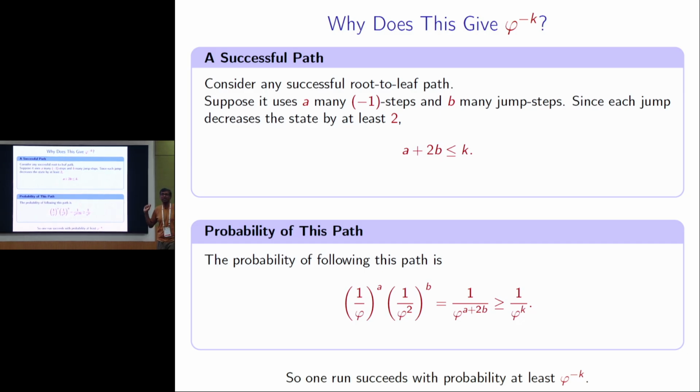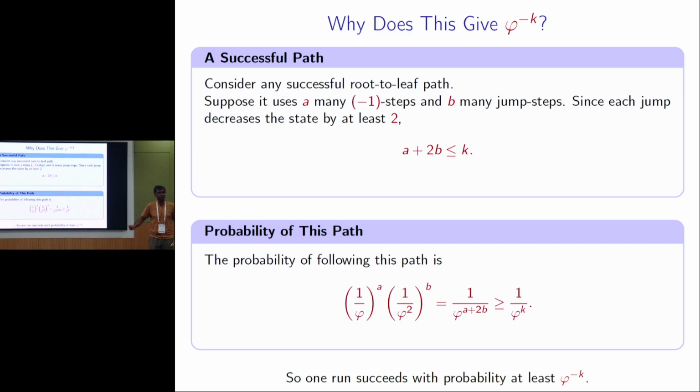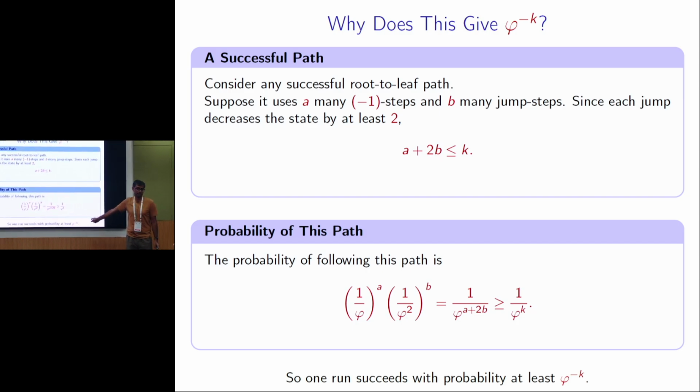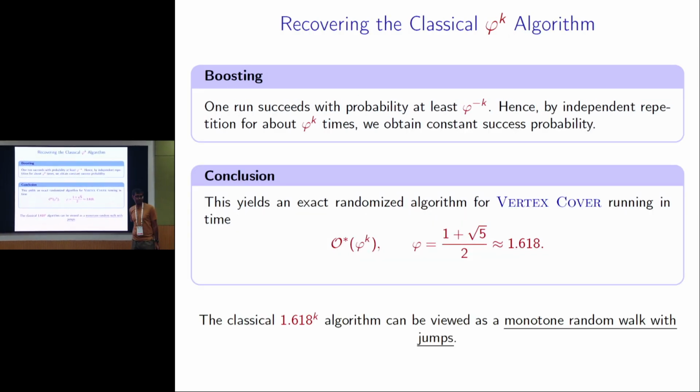If you think of this, you are just sampling a leaf of this search tree, and that is why you get this. So if you had a very complex branching algorithm, you can set up these probabilities in a way that you will recover the same number. Okay?